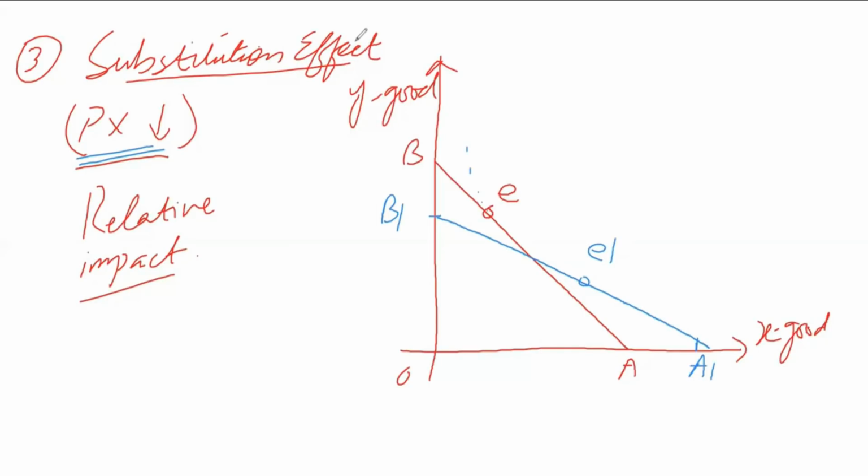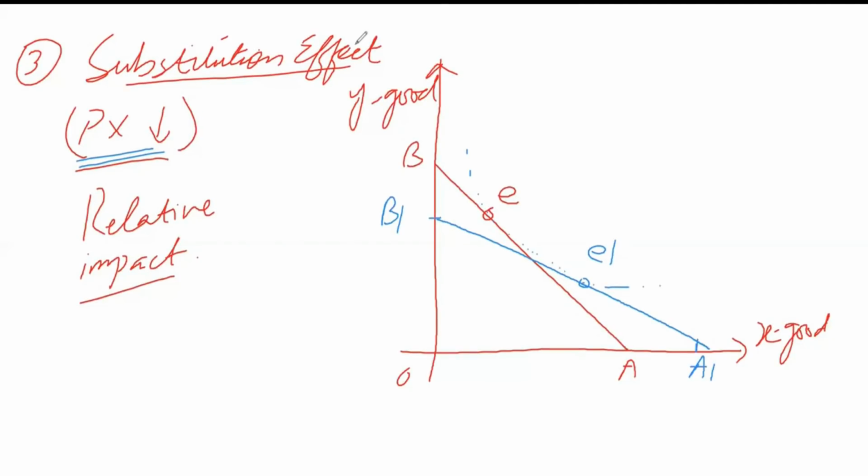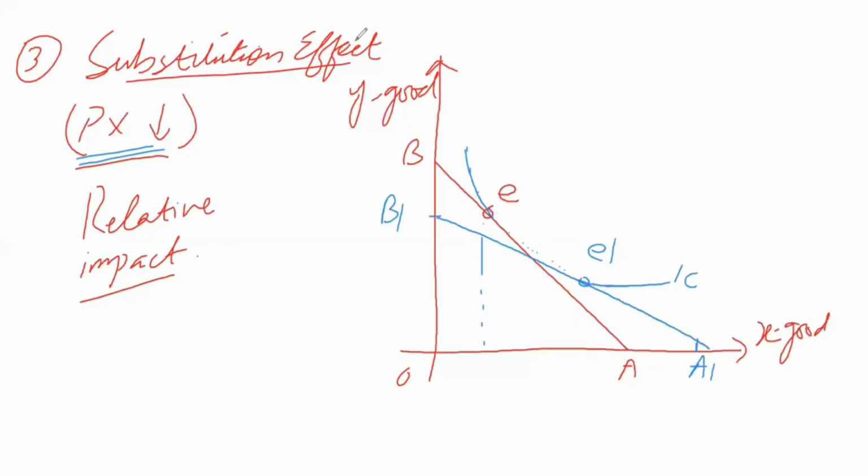For example, in this figure we have the initial budget line AB showing different combinations of X and Y that can be maximum purchased by the consumer, and the initial equilibrium is, let's say, at point E. Now if there is fall in price of X, then the consumer thinks that his purchasing power for X has increased relative to Y, so his budget line will shift from AB to A1 B1, which shows that his purchasing power for X has increased but purchasing power for Y has decreased.